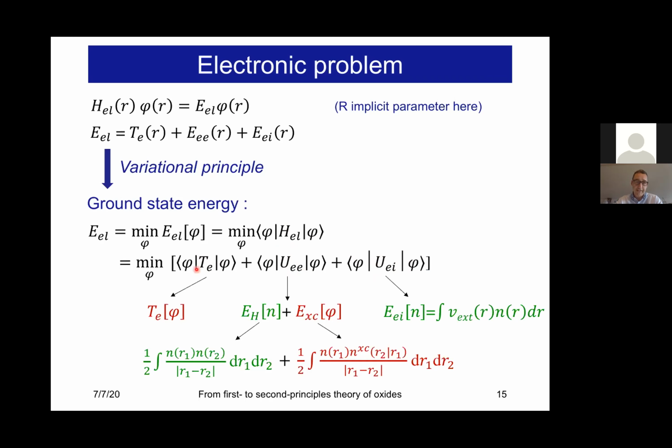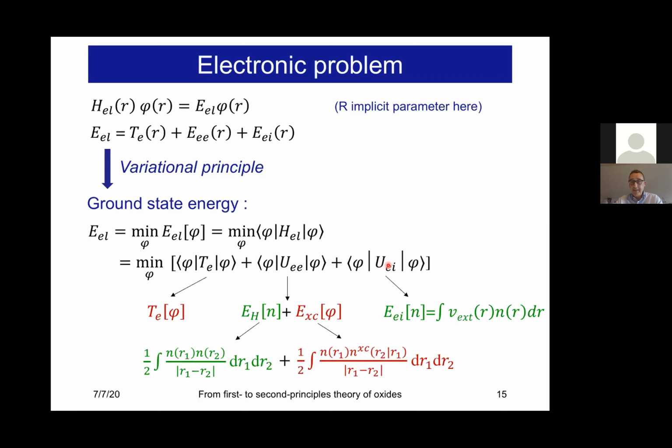Now, if you make the exercise of calculating what these expectation values are, you will see that for the kinetic energy, basically you still need to know what is the many-body wave function, because you have a differential operator acting on that.